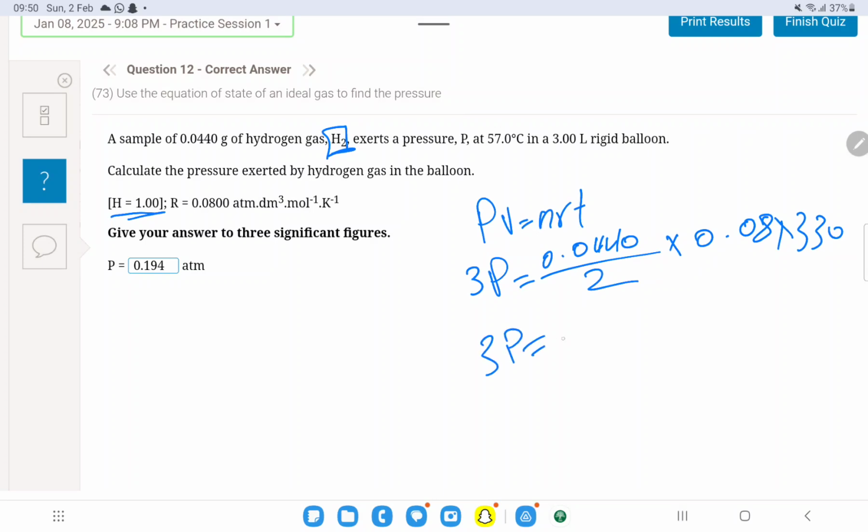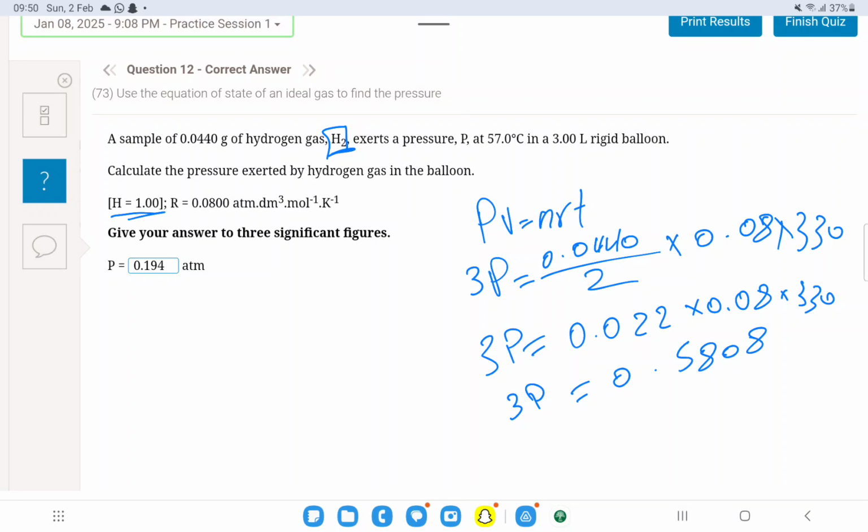So 3P equals 0.022 times 0.08 times 330. You get 3P equals 0.5808. You divide it by 3, you get P equals 0.1936. 3 significant figures: if I round it, the 3 becomes 4 and the 6 is 0. So, sorry, 0.194 ATM.